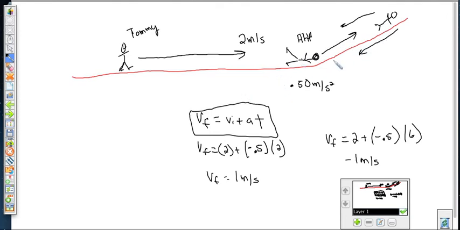So if you can figure out what that is, it's a little bit different on a slope, of course, than it would be just free falling, but free falling is always going to be a constant acceleration of 9.8 meters per second squared. So that comes in handy there. Or if you're just told the acceleration and they want to know how fast you're going at a certain time. All right, so maybe some more examples to come, but that is motion with constant acceleration and solving for final velocity.